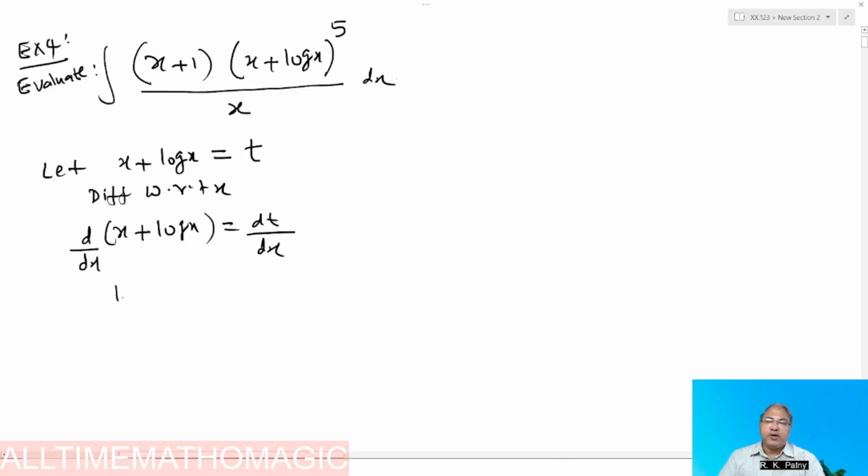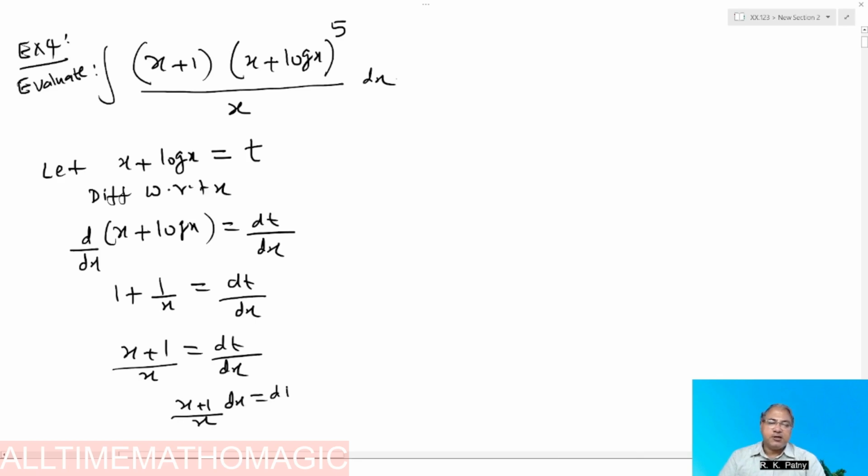The derivative of x is 1 and the derivative of log x is 1 upon x, equals dt by dx. So x plus 1 upon x equals dt by dx, which can be written as x plus 1 upon x dx equals dt.